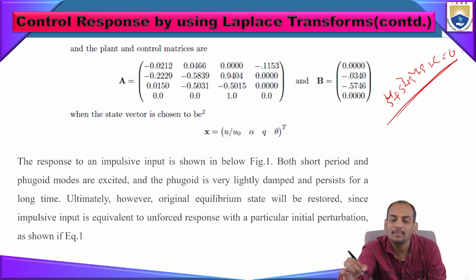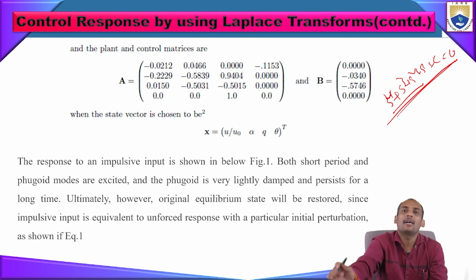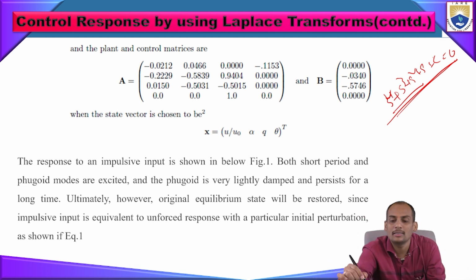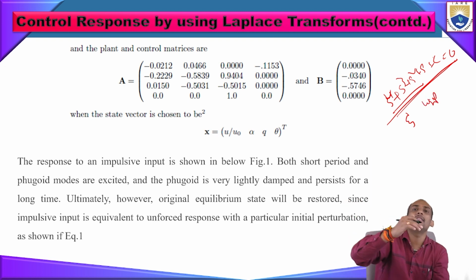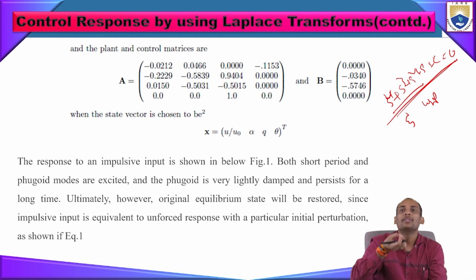From this equation we get the roots, and we write the short period approximation zeta and the phugoid approximation omega np. Then we will see how the short period and phugoid approximations behave with respect to time.